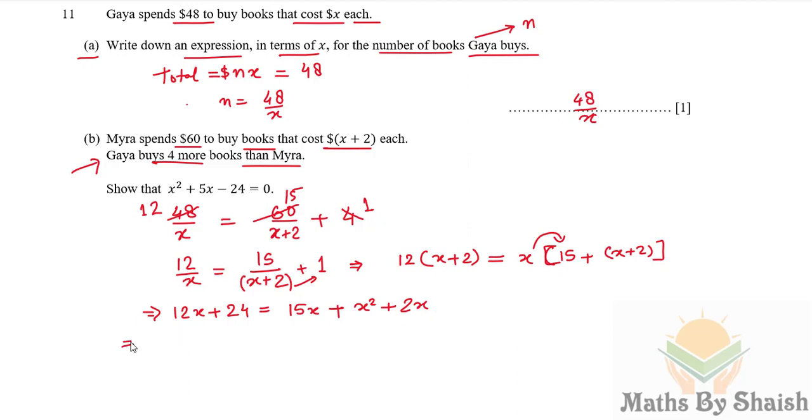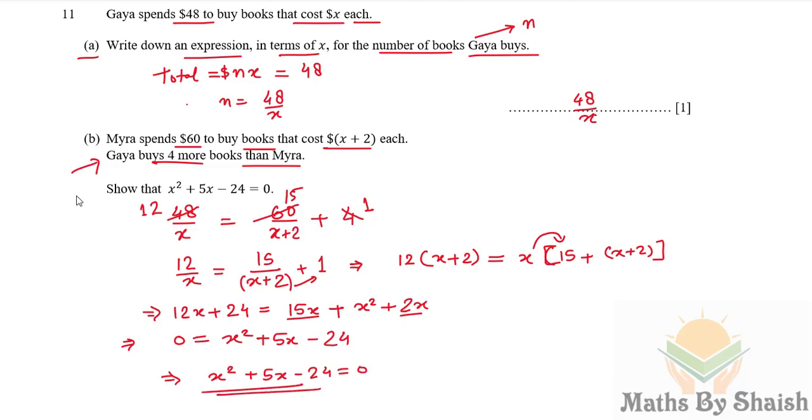So let's take everything to the right hand side, so it is X square, 15X plus 2X is 17X, and this will go there minus 12X, so 17X minus 12X becomes 5X, and minus 24, and we got the answer: X square plus 5X minus 24 equals 0.